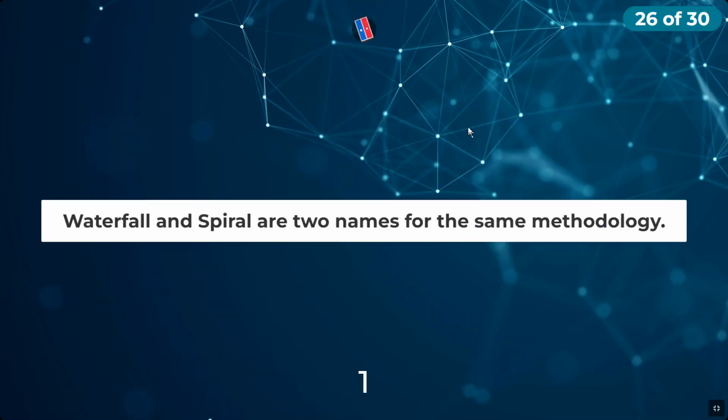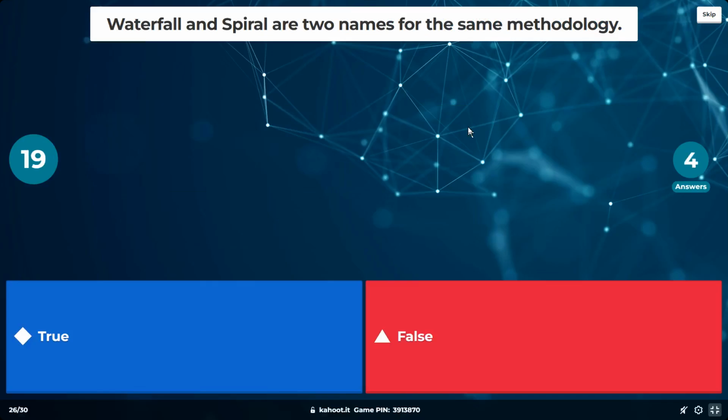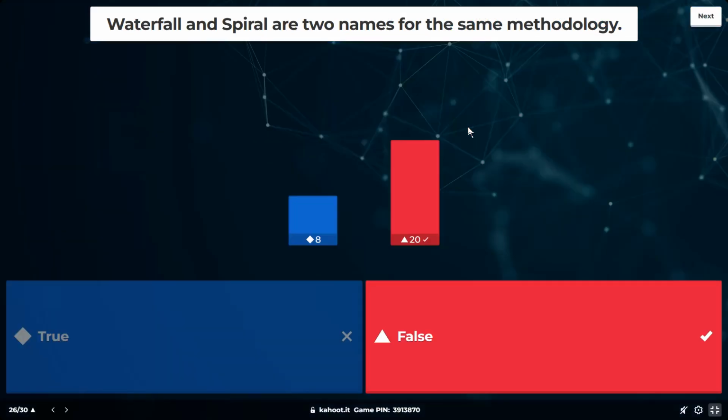True or false for you? Waterfall and spiral are two names for the same methodology. Kind of tricky that you see spiral show up. But it turns out waterfall is always just waterfall. Agile and spiral are the same things.